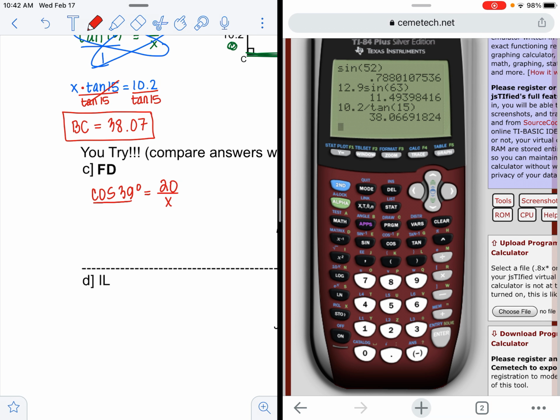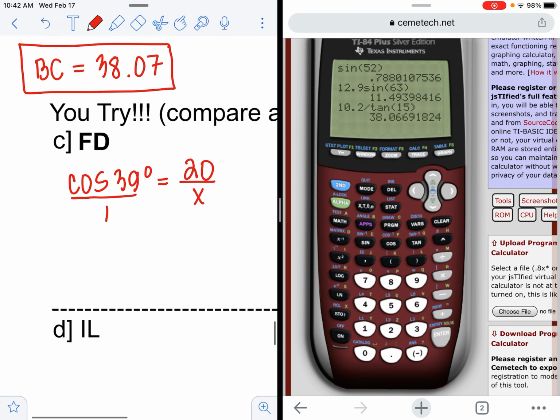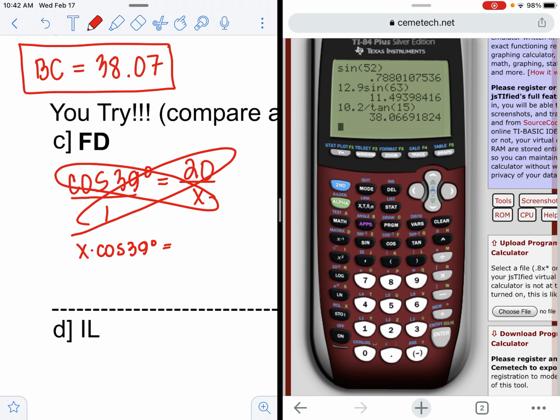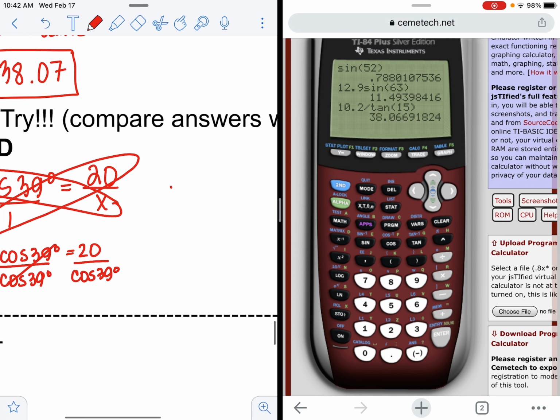Adjacent is 20 over hypotenuse, which is X. Solving for a missing side, so I'm going to cross multiply. I'm going to put this over 1. I like to multiply whatever has X in it first. So I have X times cosine of 39 degrees is equal to 20. Divide by cosine of 39 degrees.